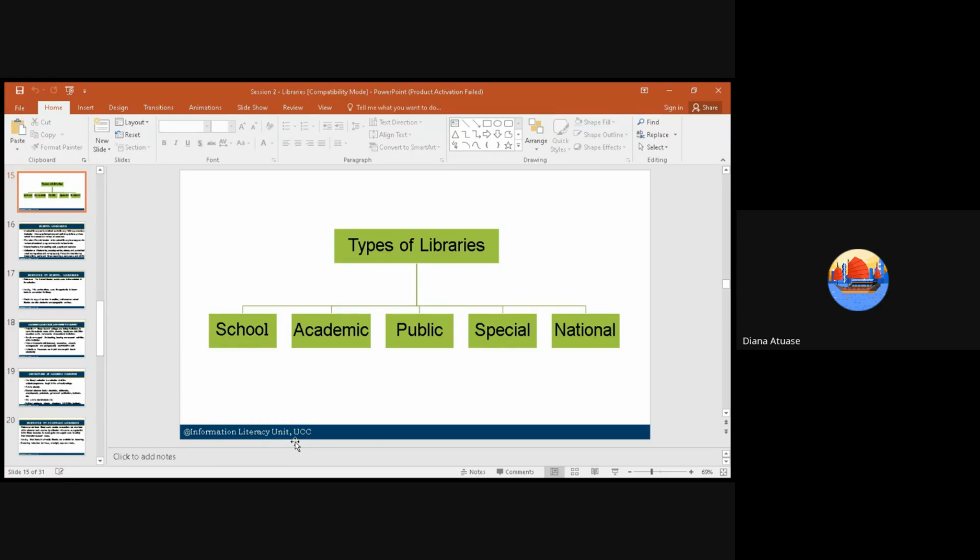The resources and the service that you get from the librarian are manual. And we have the electronic or digital form of library, a form of library whose collections are also in electronic format. So every material that you get from that library is in electronic form.